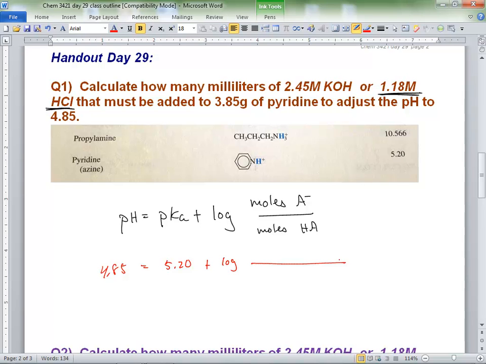We need to convert those grams of pyridine into moles. Will that be the moles of the conjugate acid or the conjugate base? Moles of the conjugate base, because that's what Shelby said, right? Pyridine is the conjugate base. So we calculate the moles of this stuff, it'll be the conjugate base. All right, so we'll get that number.